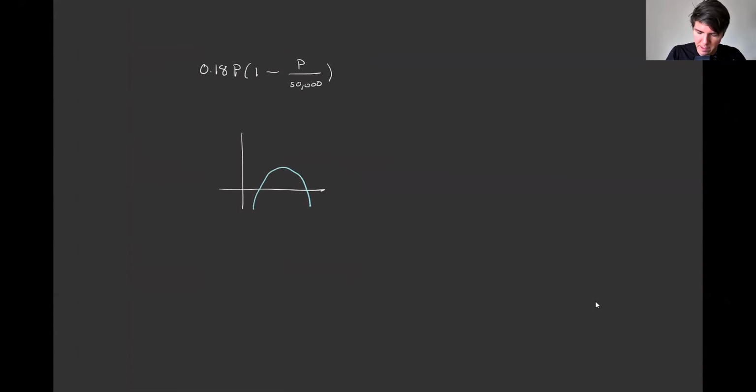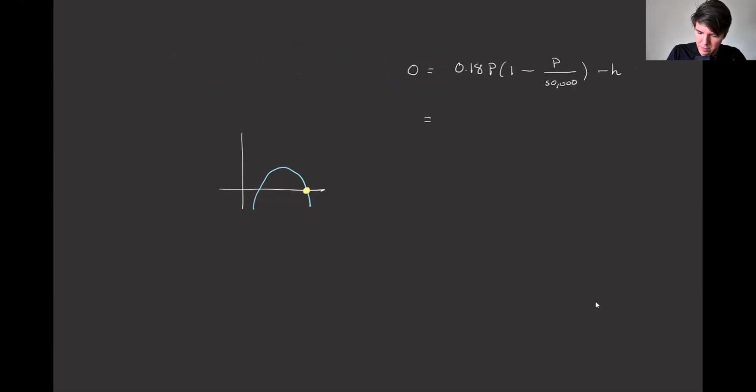And we want to find this point here. That's going to be our stable equilibrium, but it's going to vary depending on h. So we say, let this be equal to 0, to find where it hits the p-axis.